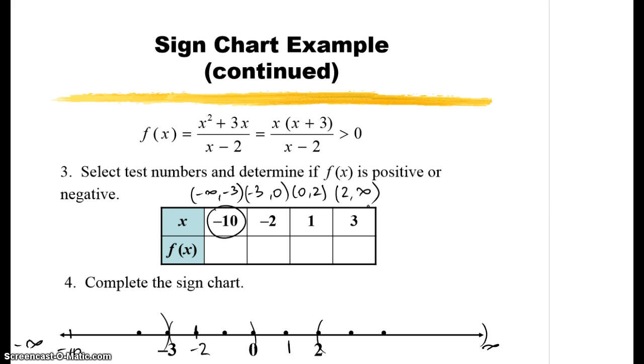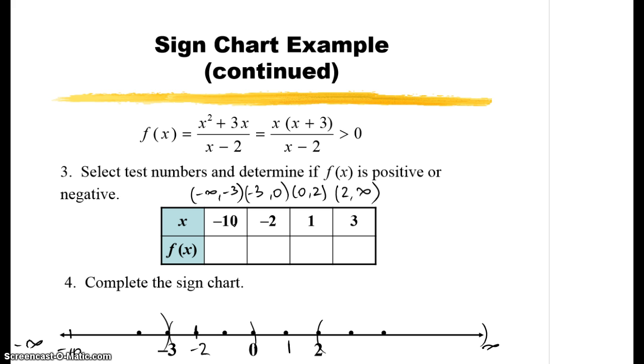Now for each one of them, all we have to do is plug these test values into the original function and see if we get a negative or positive value. I leave that to you to do. Notice there's a trick you could use. Since this is factored, you could just see if each one of those 3 pieces is going to be positive or negative.